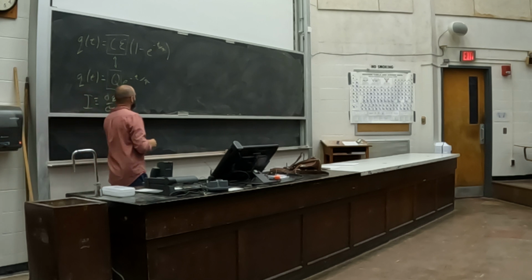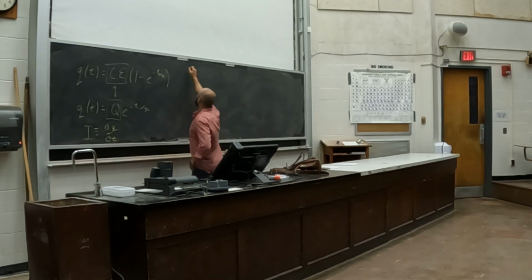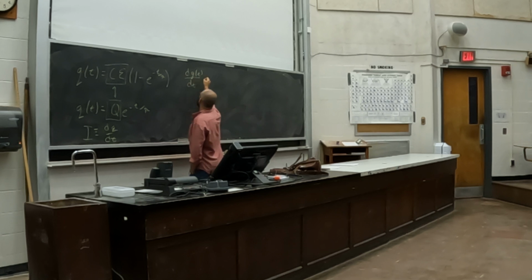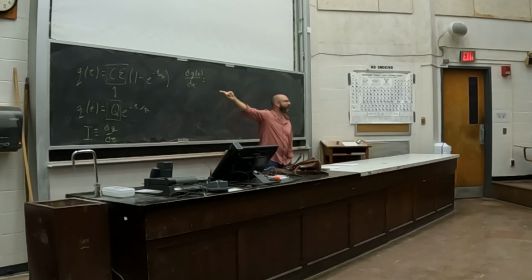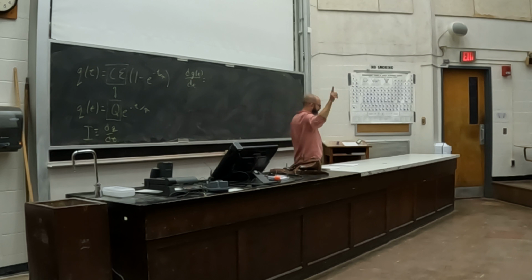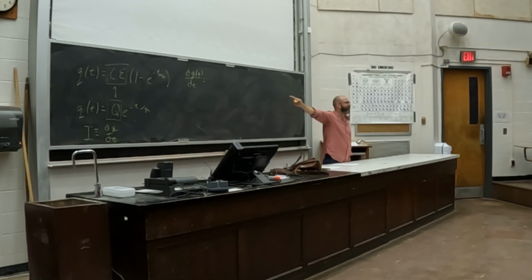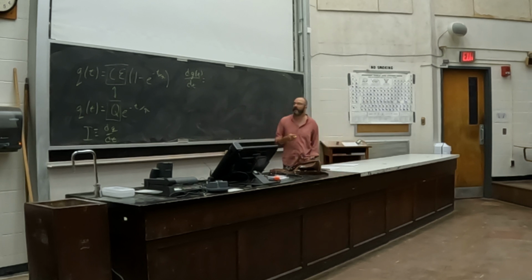Let's take the time derivative of the first one. The capacitance and the EMF are constants. The capacitance is the rated capacitance of the capacitor, and the EMF is from the battery. Those are constant terms, so they're going to come out.